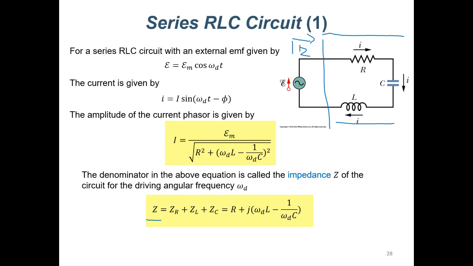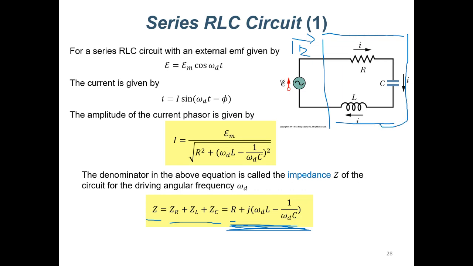So it will be R, which is Z_R, j omega_d L is Z_L, and 1 over j omega_d C is Z_C. Since 1 over j is minus j, it becomes minus j over omega_d C. We only need to add the phasors together to get the series impedance.